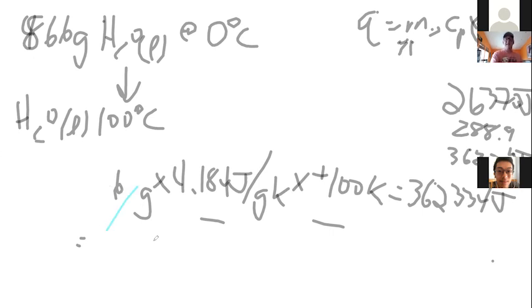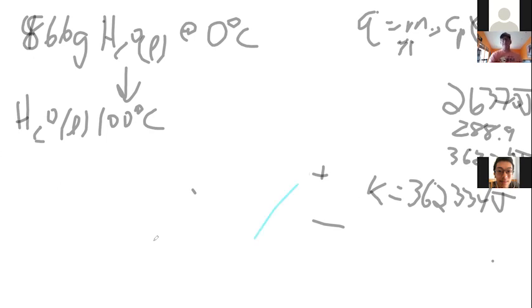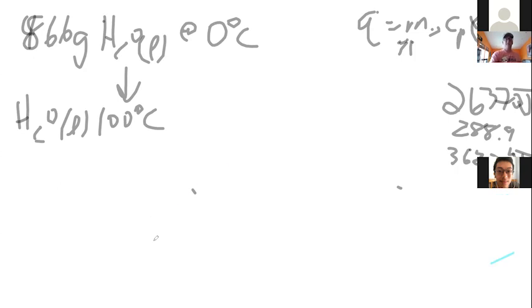That takes a lot, because remember, liquid water has pretty much the highest heat capacity of any substance. So it takes a lot of energy to increase it.